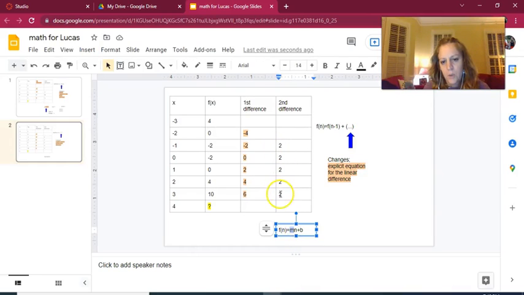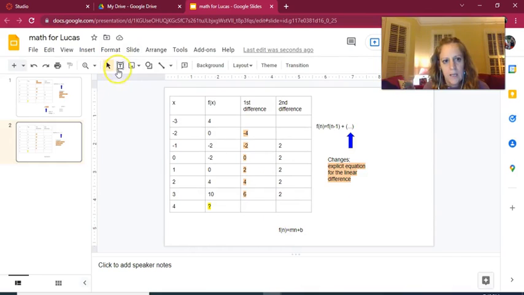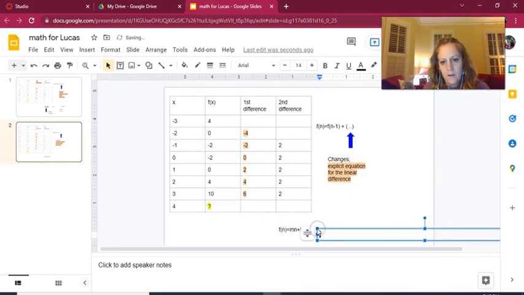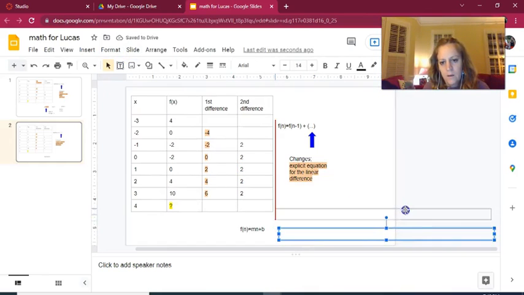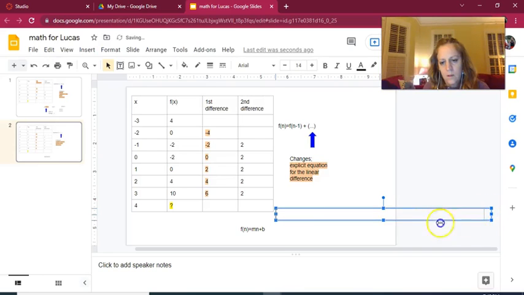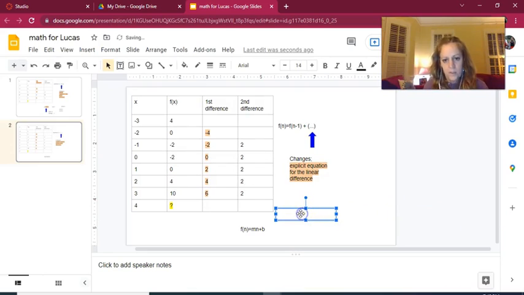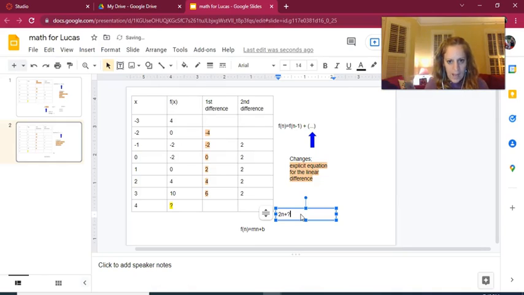Our m is a 2. So I am going to just go ahead and write that right here. So part of the equation that goes in there is going to be 2n. But then I need to know, what do I add to make it true? What do I add so that I will be able to calculate the number? That's what I've got to figure out.